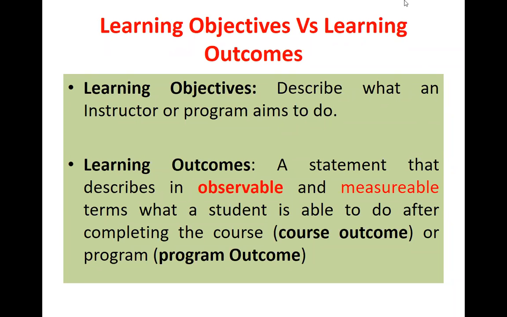Okay, so I hope this difference is clear. Learning objectives is something which is given to the instructor, what an instructor is supposed to do, and learning outcomes is something which a student should attain after he completes the course.